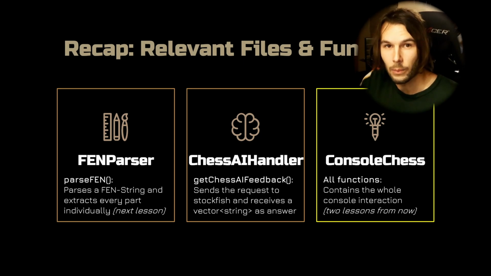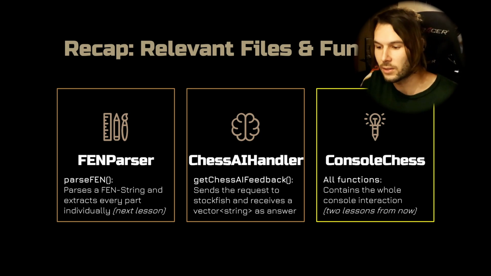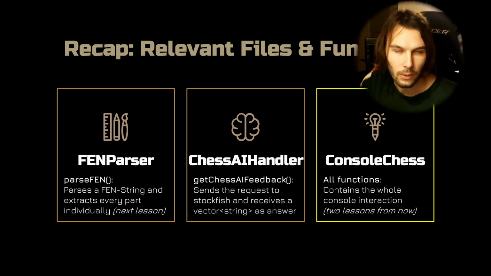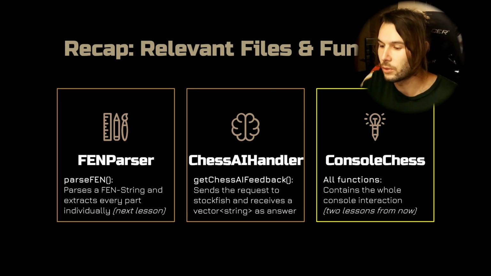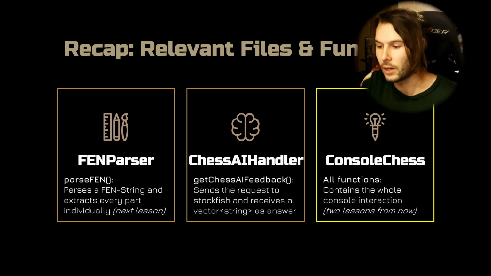And today we will finally encapsulate it all in a final game where you can just enter your name, some difficulty, and so on, and play against this Stockfish yourself or against a mate. You can choose whatever you like. And yeah, that will be the lecture of today. And as you can see, we then finally finished the relevant files and functions for these plain C++ lectures. All right, let's head over to the program.